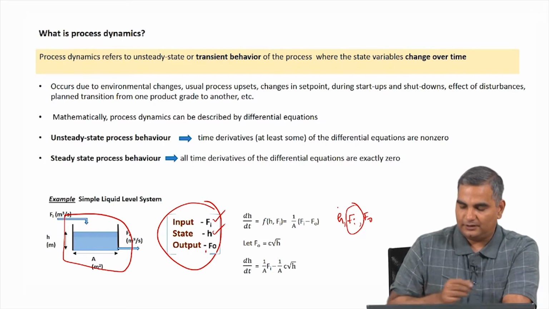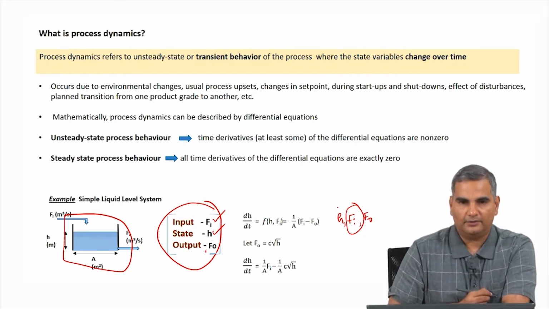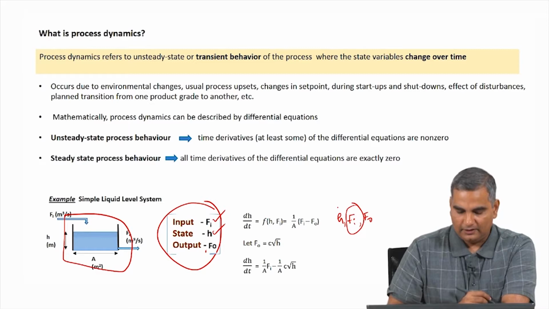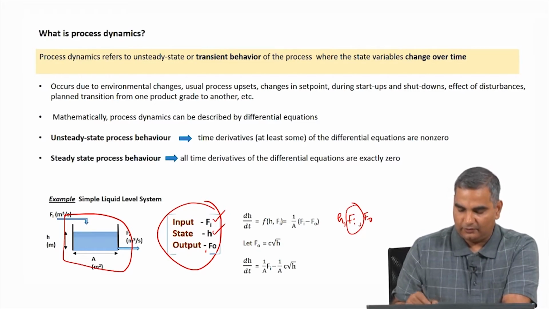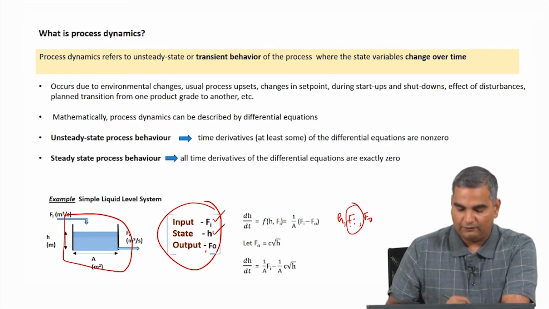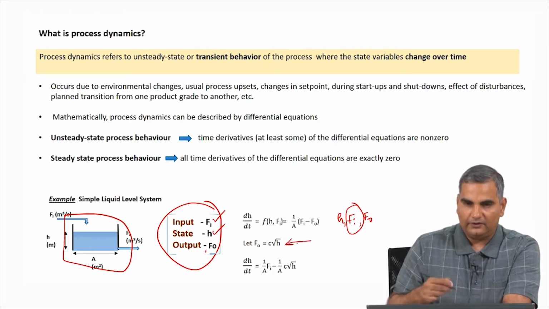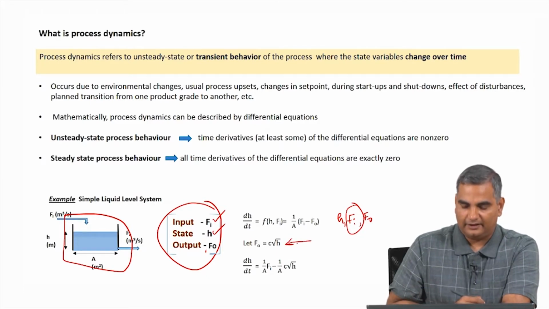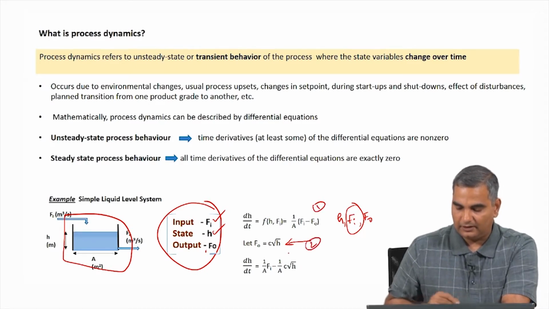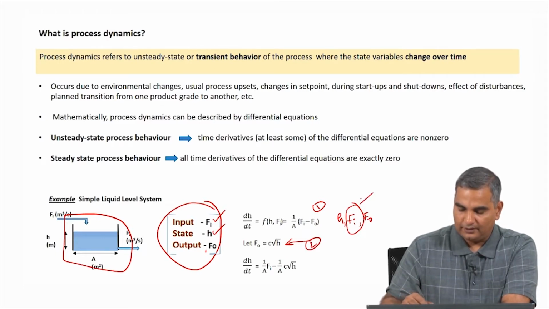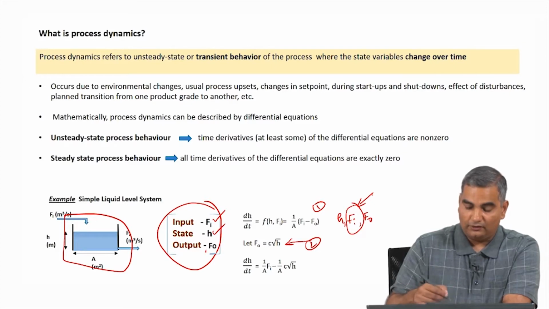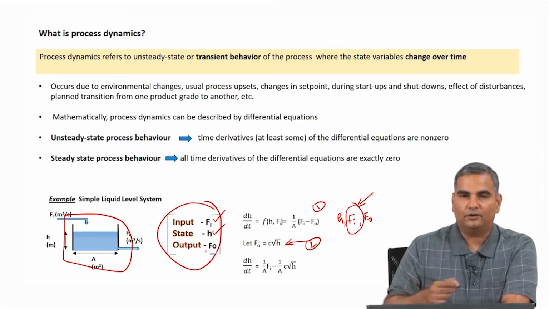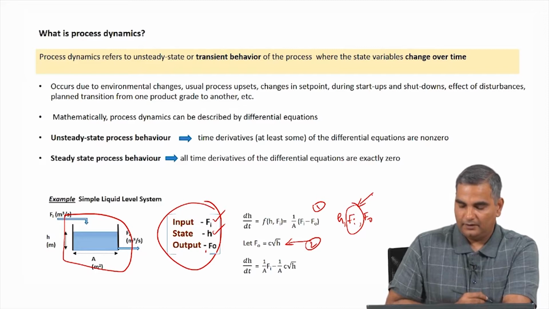That leaves us with H and F naught, 2 variables, but I have only one equation. You can write the other equation relating F naught and H in this form. We will again describe this in greater detail later. So, now I have one equation here and a second equation here in 3 variables H, Fi and F naught. Fi is external to the system, so I can solve this system of equations only if I know the value for Fi.